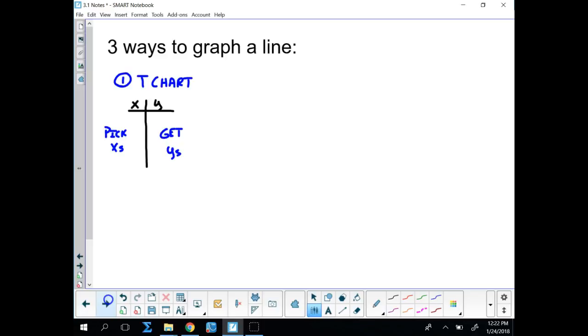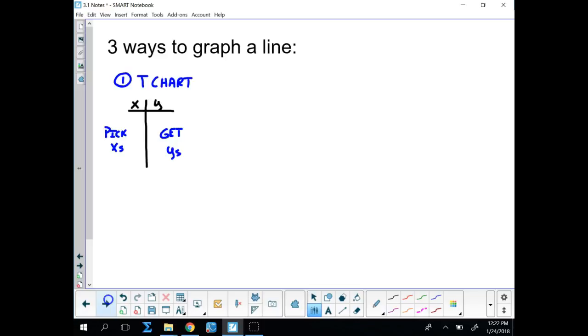Pick 4 or 5 different x's, plug it into your function, get out the y's. Okay? That's one way. It's another way. But that's not going to graph me a line on my paper. I need to graph it on my paper. Yes, I would want to put the graphs of my lines on graphing paper. You are correct, sir.